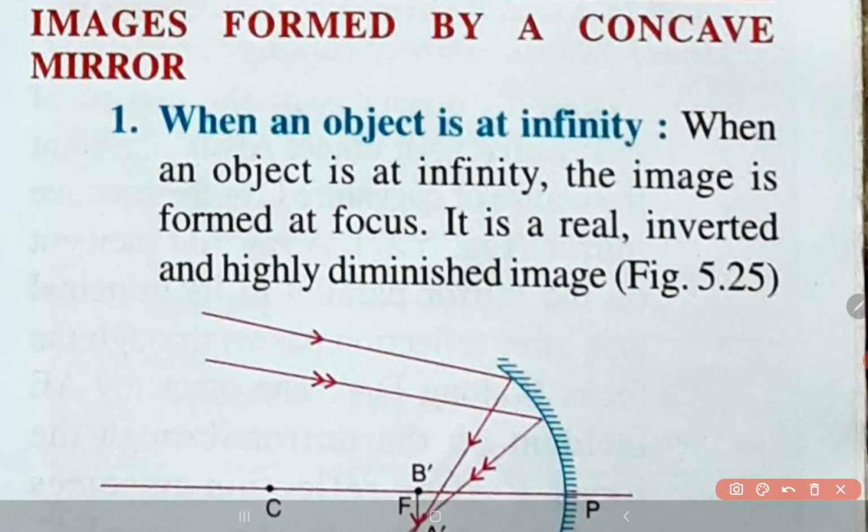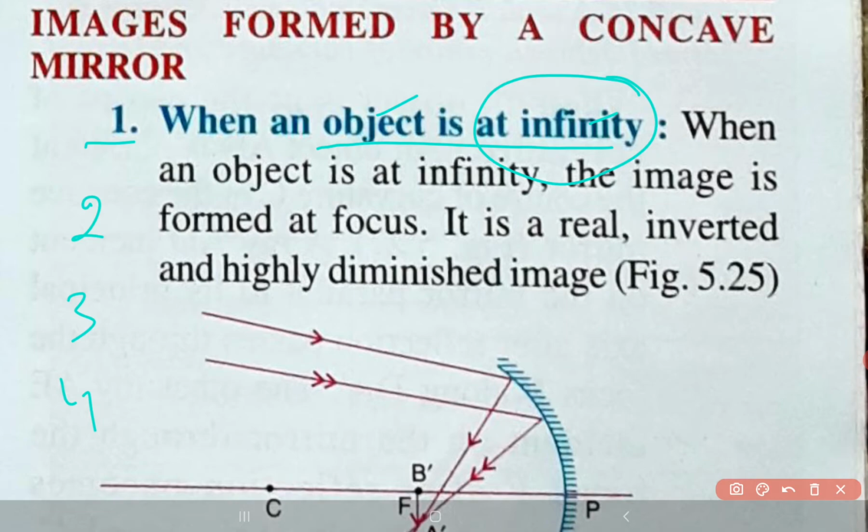For example, in number 1, it is written when the object is at infinity. So at infinity is the position of the object. In other cases like number 2, number 3, number 4, etc., the position of the object will change. From infinity it might be something else. So that is the first thing we need to notice.